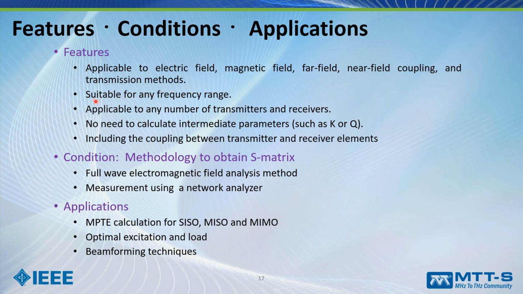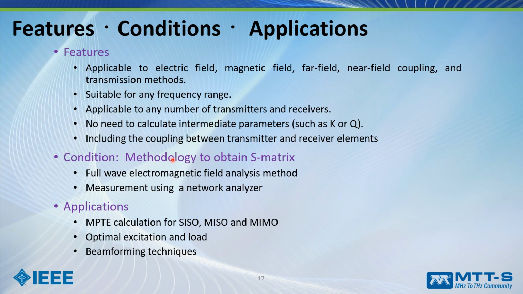It is suitable for any frequency range, and it is applicable to any number of transmitters and receivers. There is no need to calculate intermediate parameters such as coupling coefficients or Q factor. And it includes the mutual coupling between transmitter and receiver elements completely.